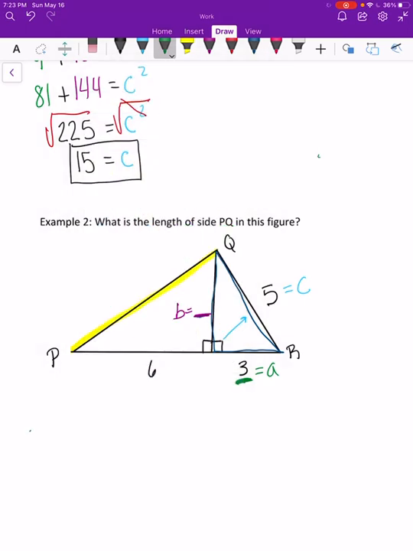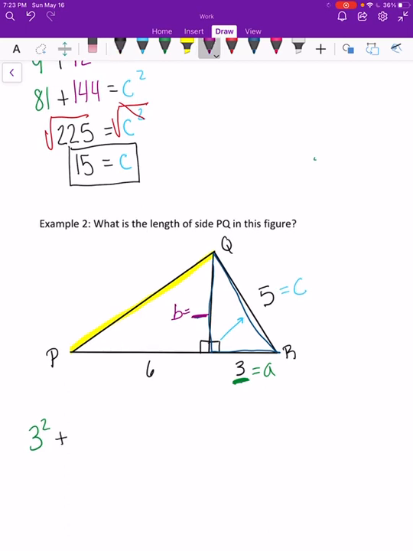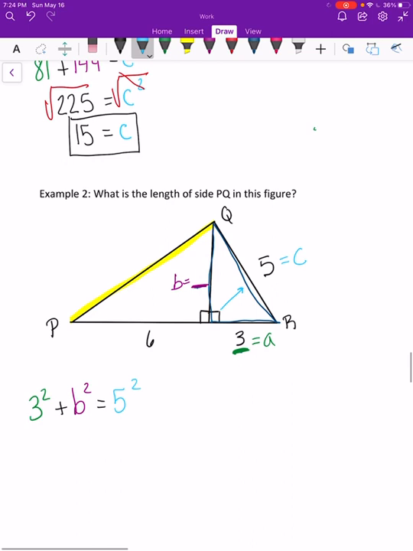Okay, so 3 squared, that's my a, plus, we don't know what b is, so we have b squared, equals c squared, and c is 5. So 3 squared is 9, plus b squared, and 5 squared is 25. We want to solve for b, so we're going to do the inverse operations here.